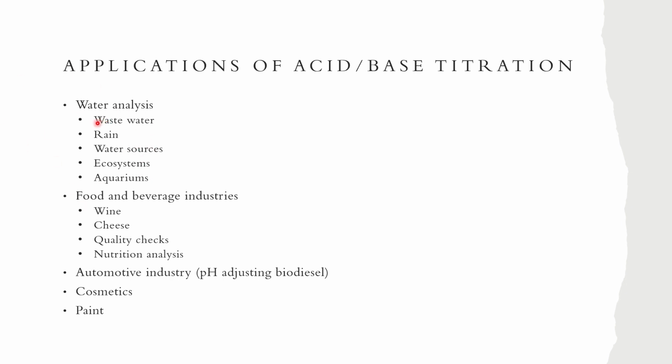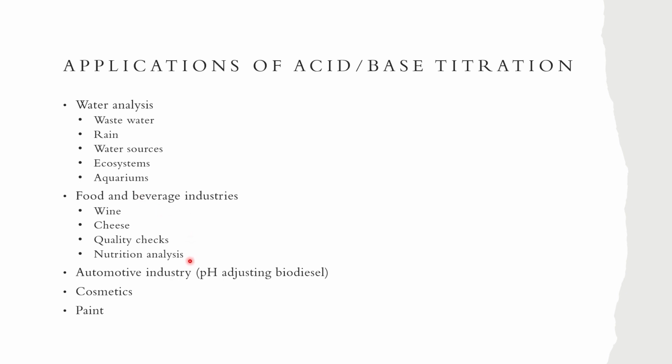And that might be to see what the pH of our wastewater is, what rain source pH might be, other water sources we might be monitoring its pH as well. And that may have an impact on something like ecosystems or our own water supply. As well, pH can be monitored in things like aquariums to ensure that life can be supported in those tanks.